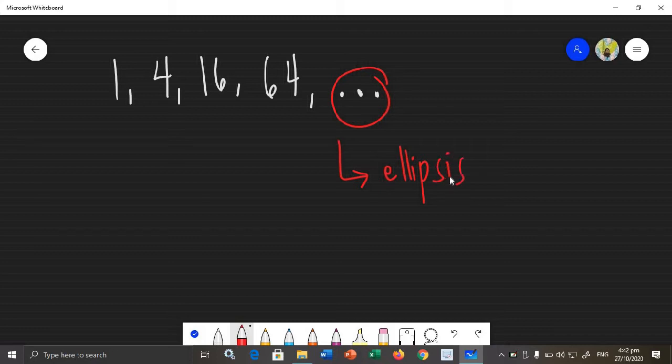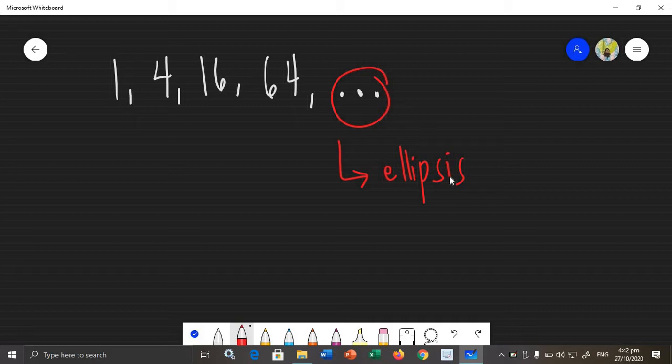Technically, in an infinite geometric sequence, an ellipsis can often be seen, because it means that the sequence is continuous, but we do not know when it will stop, or how many terms are included in that given geometric sequence.